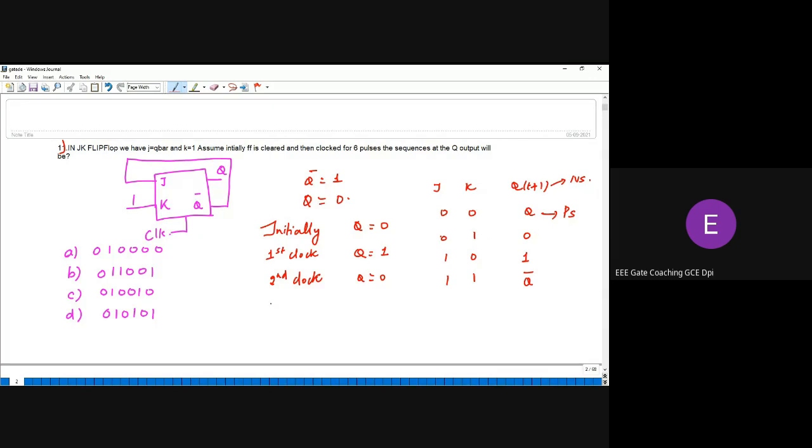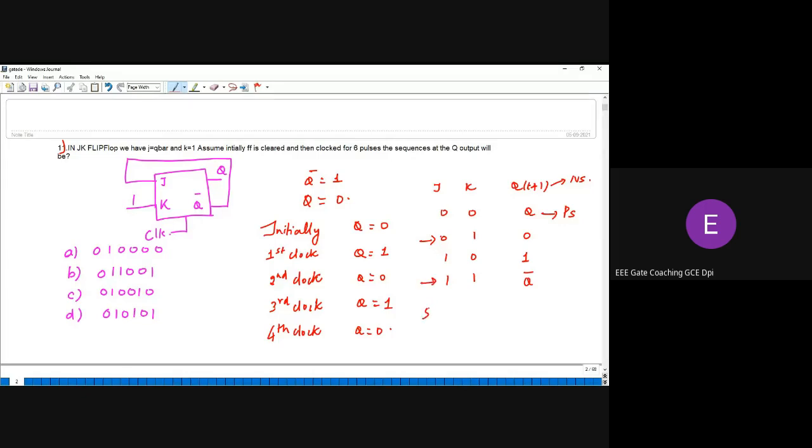In the third clock pulse, both J and K are 1, 1, so Q becomes 1. Again, in the fourth clock pulse, Q bar is 0, so J is 0. J and K is 0 1, so the output is 0.